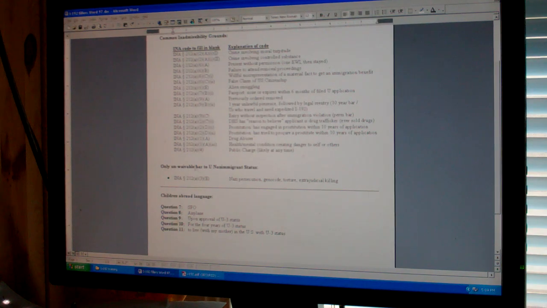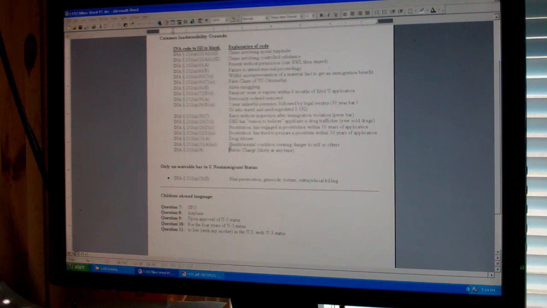Public charge is not taken into consideration by immigration, but we may as well just grab it. What's interesting about public charge, and the reason we don't usually put this, is public charge is a forward-looking ground of inadmissibility.